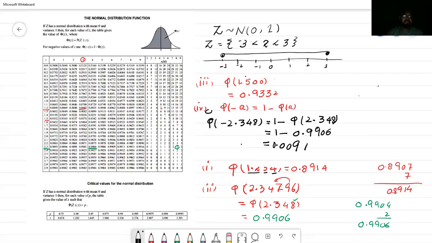Now I will discuss how you will find the inverse value. Method to find the inverse value.